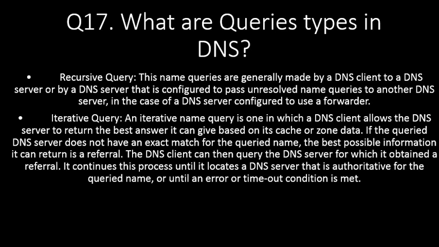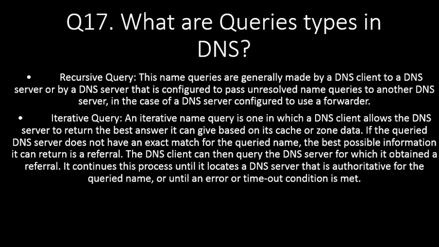Second, iterative query. An iterative name query is one in which a DNS client allows the DNS server to return the best answer it can give based on its cache or zone data. If the queried DNS server does not have an exact match for the query name, the best possible information it can return is a referral.